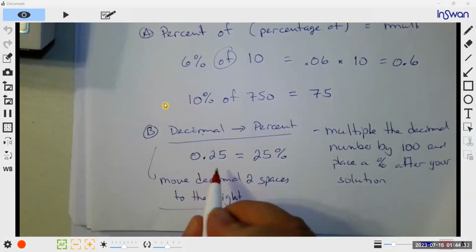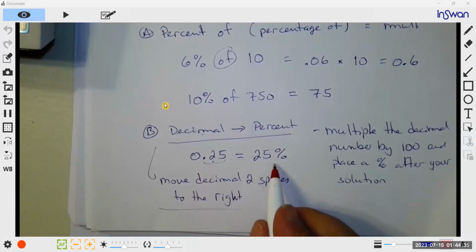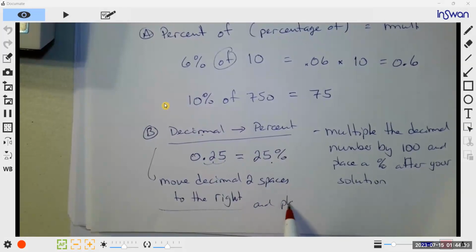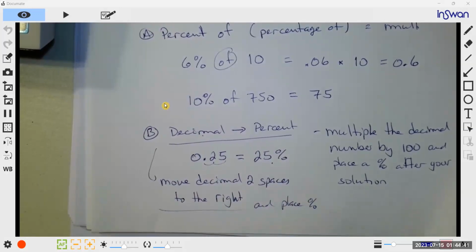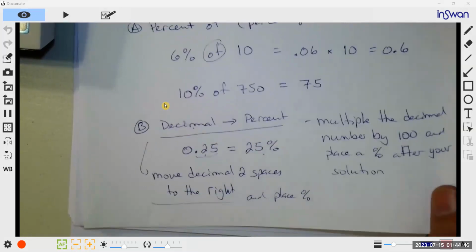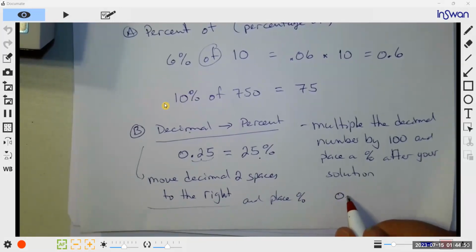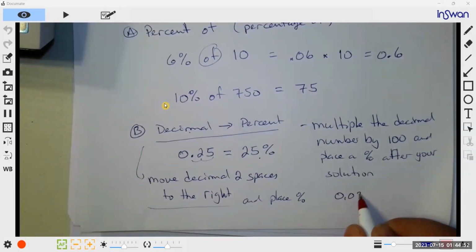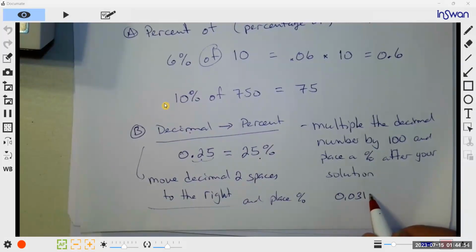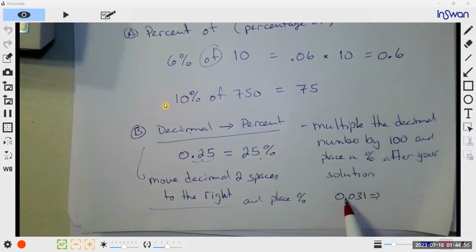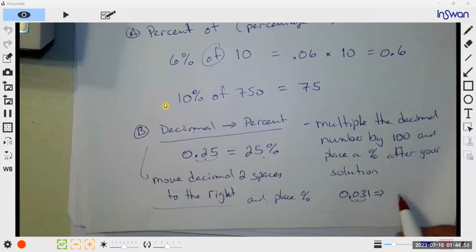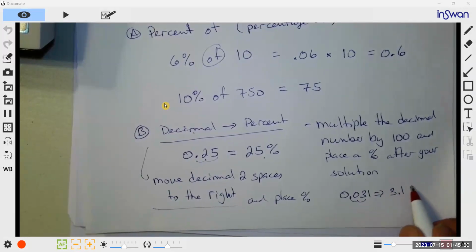No matter where the decimal is, move it 2 to the right and place the percent symbol. So if I had 0.031, I move the decimal 1, 2, so it's 3.1%.